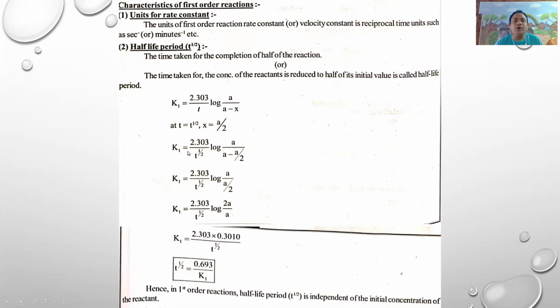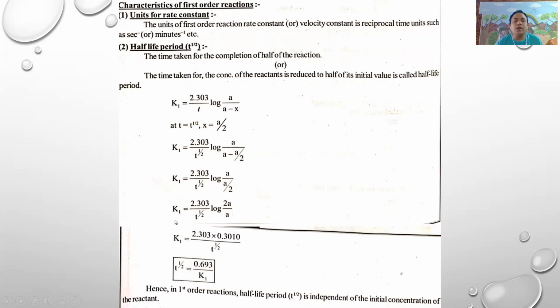That is, K1 equals 2.303 by t half of log a by a minus a by 2. That implies K1 equals 2.303 by t half of log 2.